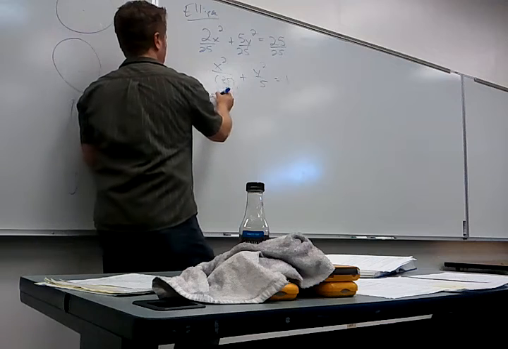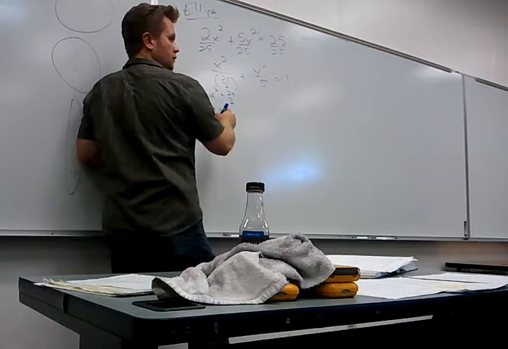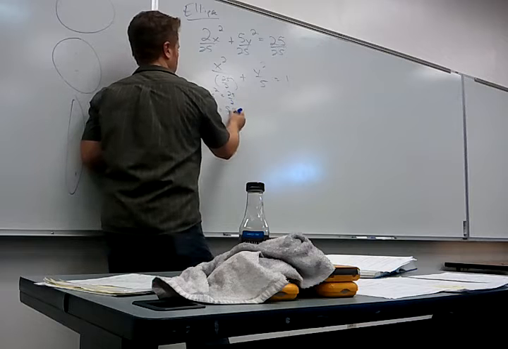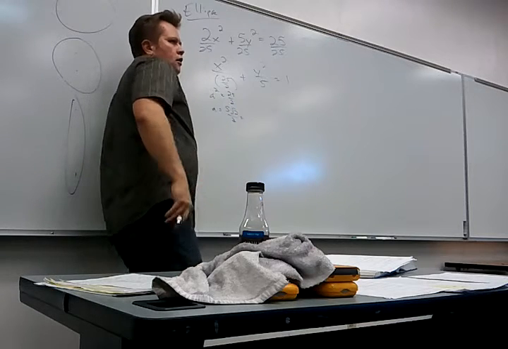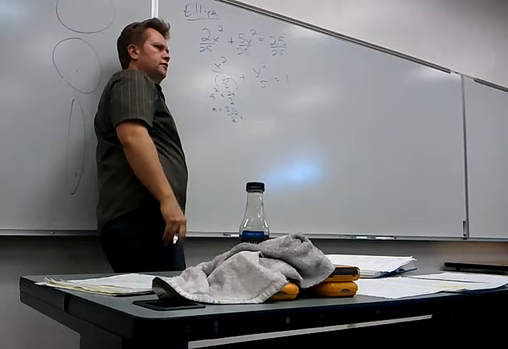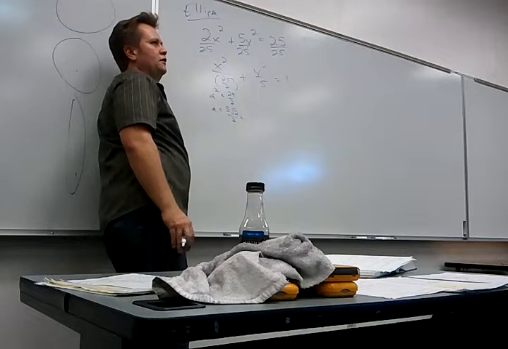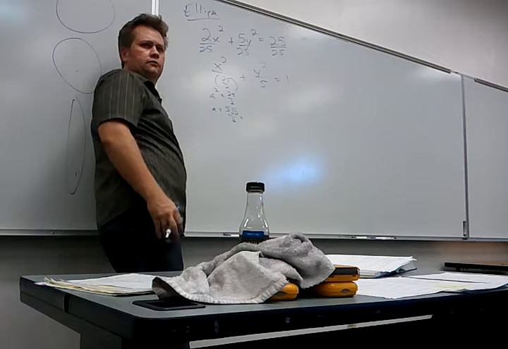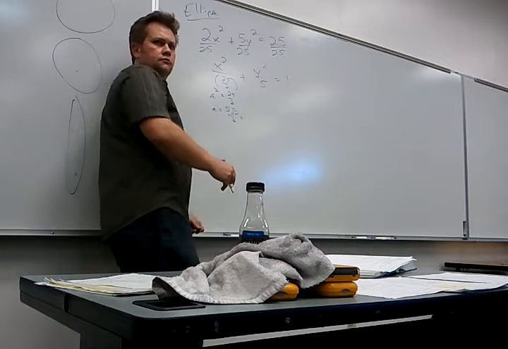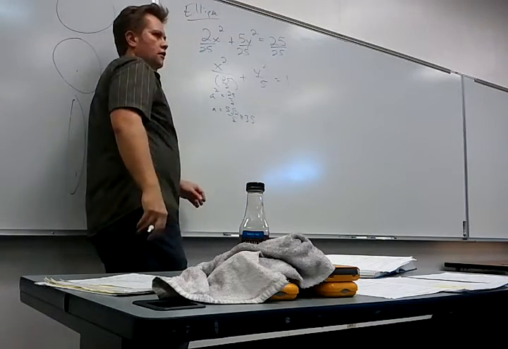All right, so a squared is 25 over 2. So a is 5 over root 2, or 5 root 2 over 2, which is roughly 3.5.